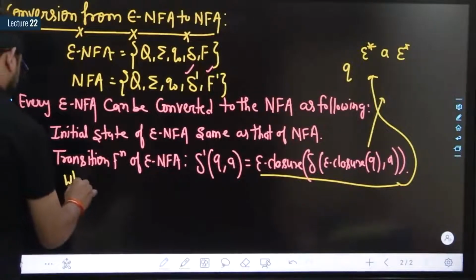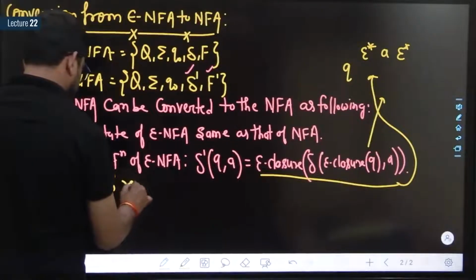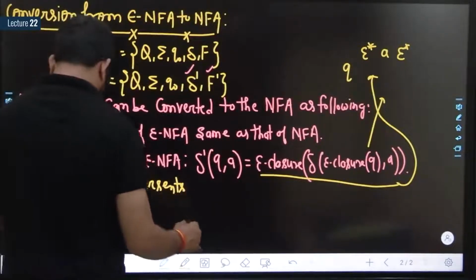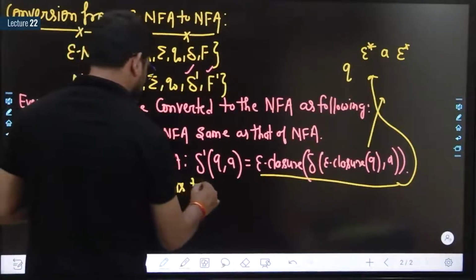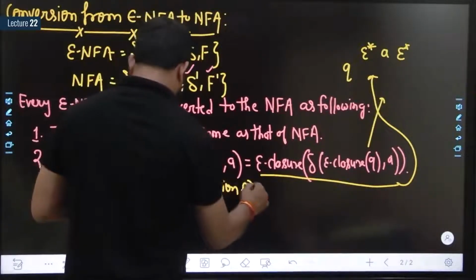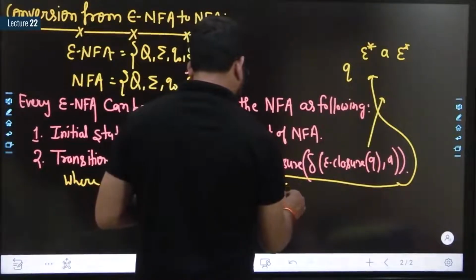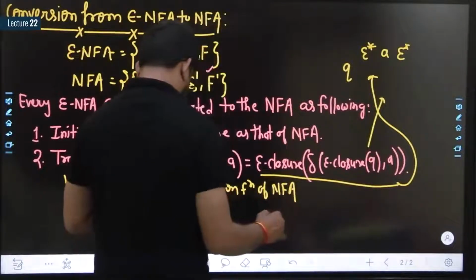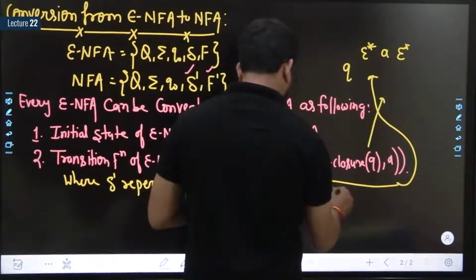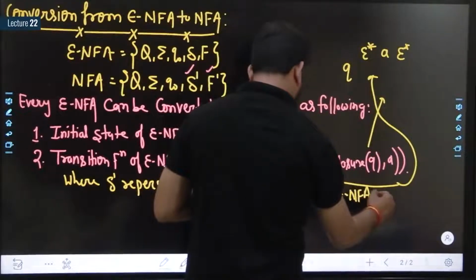Where delta dash represents the transition function of NFA and delta is the Epsilon-NFA transition function.